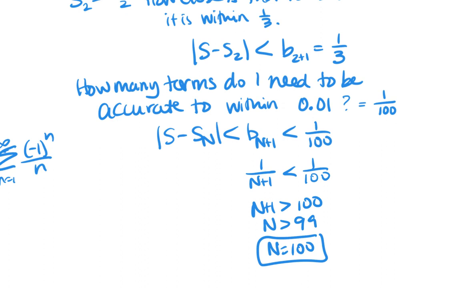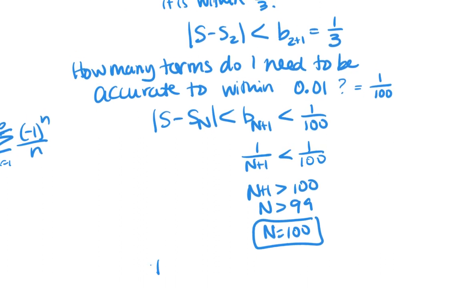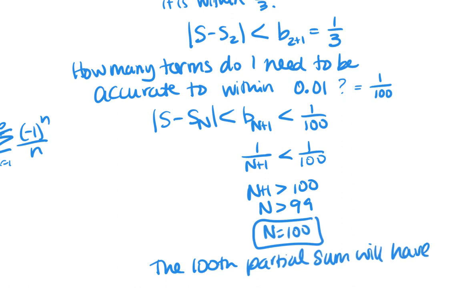So the 100th partial sum will be close enough. The 100th partial sum will have error less than 0.01. Okay, so that's how you would use the alternating series estimation theorem.